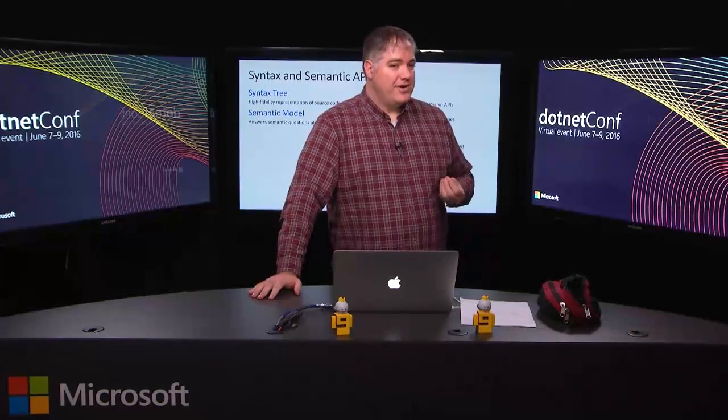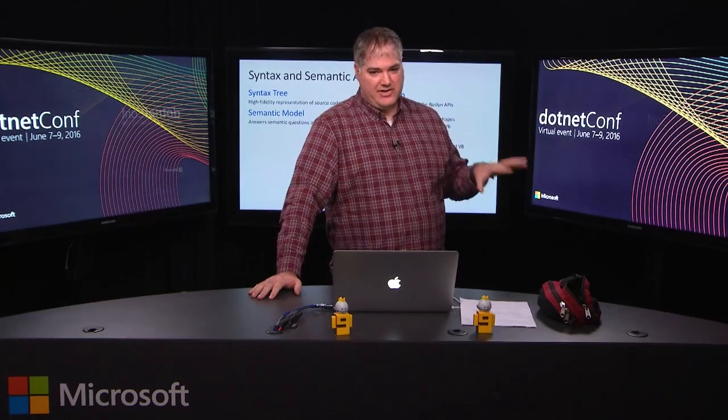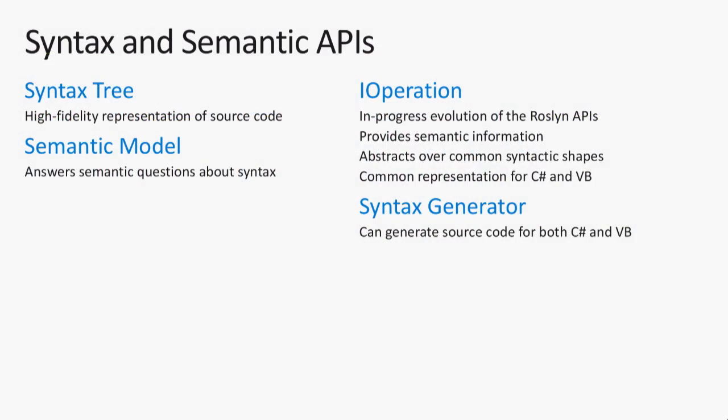And it also provides a common representation for C# and VB. But the really important difference between this and the APIs that existed before is where we had syntax and a semantic model where you would ask questions about syntax, in this case, you get back a tree where all the semantics are already there, already baked for you. So if you want to ask a bunch of semantic questions about a particular node type, you can ask for an operation and get all of that information.